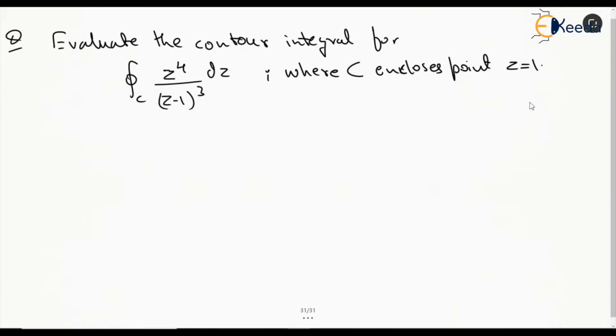So we have to evaluate the contour integral for this equation.